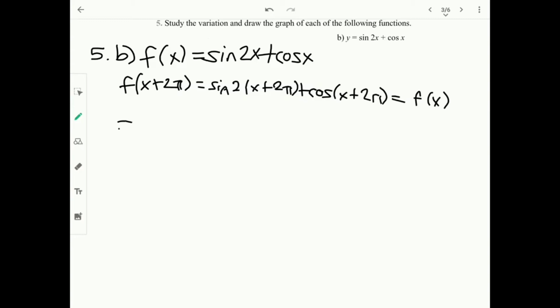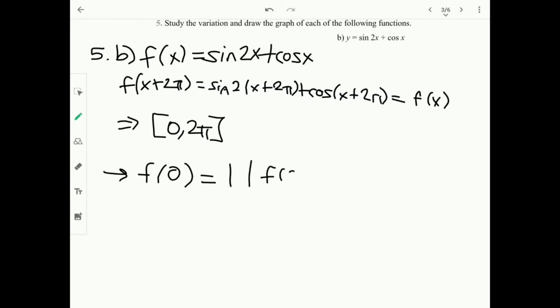Since we have that, our domain is only 0 to pi. Now we should obviously get f of 0, which is equal to 1, and f of 2 pi, which is also equal to 1, right?